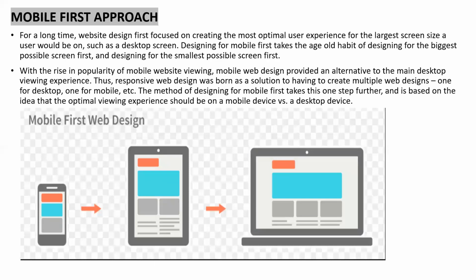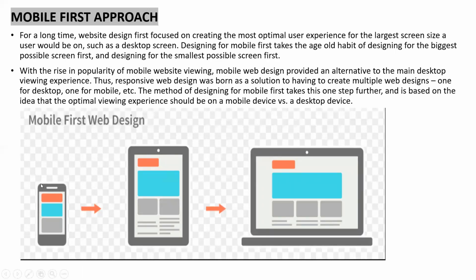But after a long time, we have been developing things in the reverse way, designing for mobile first and then looking at the desktop version. In the mobile first approach, we only consider the rules and guidelines for mobile devices first, and that means development will start towards mobile devices first. Designing for mobile first takes the age-old habit of designing for the biggest possible screens first and flips it, designing for the smallest possible screen first.